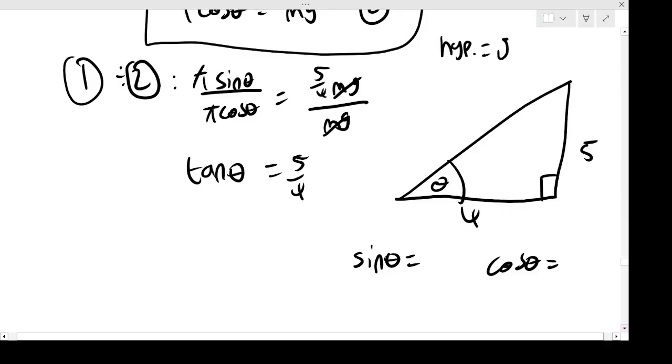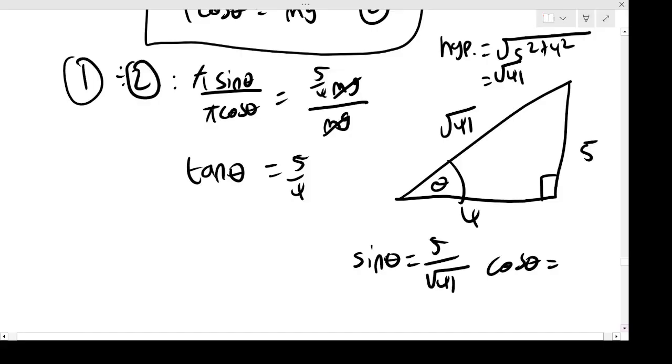If we do a bit of Pythagoras, the hypotenuse is going to be the root of 5 squared add 4 squared, and so that will be root 41. Not particularly nice, but that's the reality here. So if we work out sine and cos of this triangle, sine is opposite over hypotenuse, so that's going to be 5/root 41.